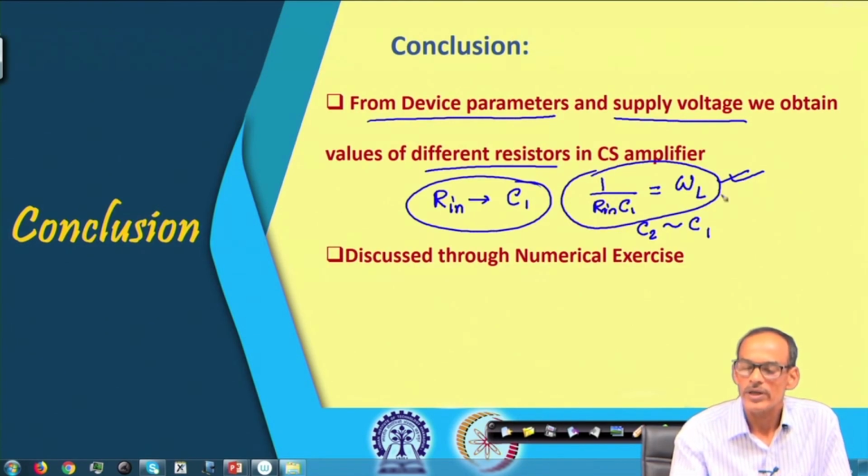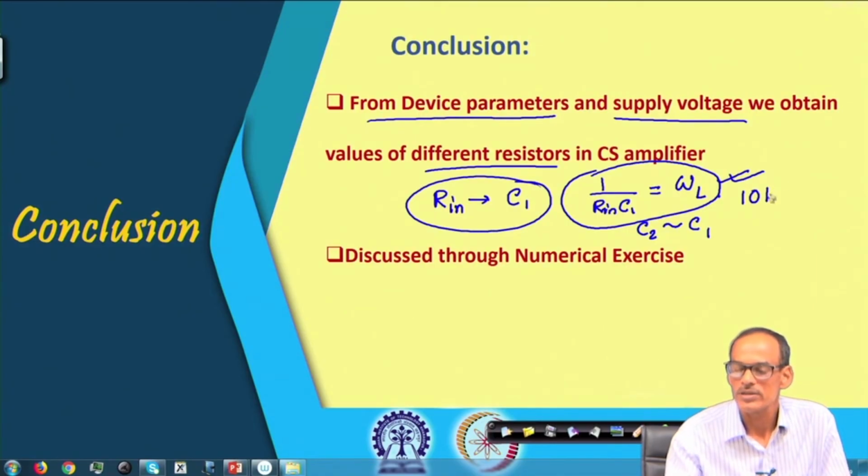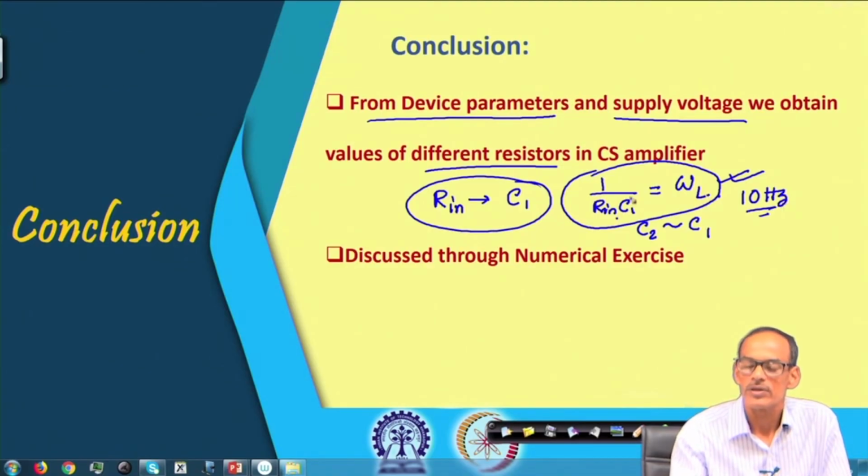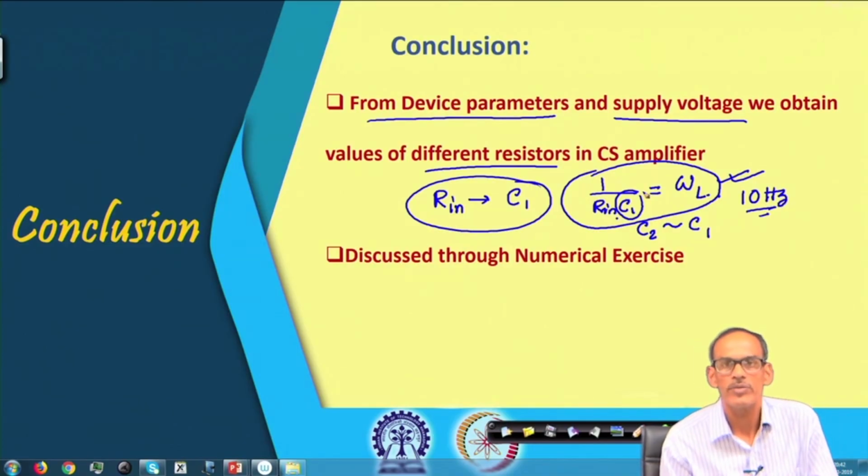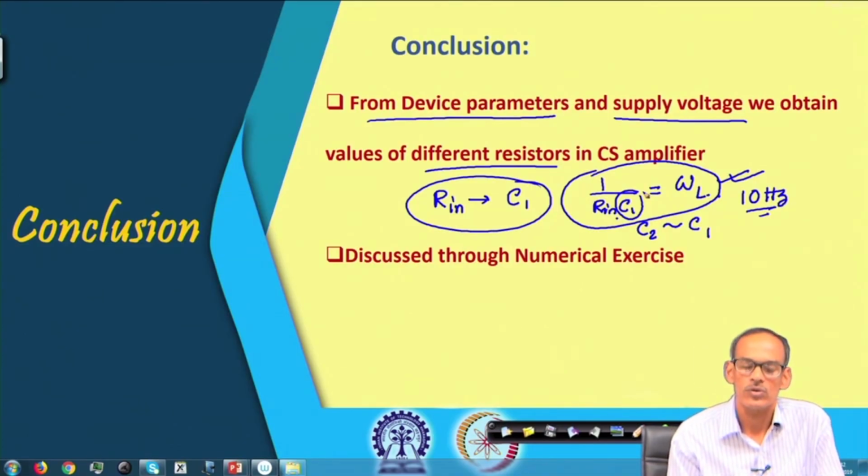If the lower cutoff frequency is given to us, typically we may target say maybe 10 hertz. So we can convert this 10 hertz into radian, and from that you can find the corresponding C1. Its value may come in the range of microfarad.